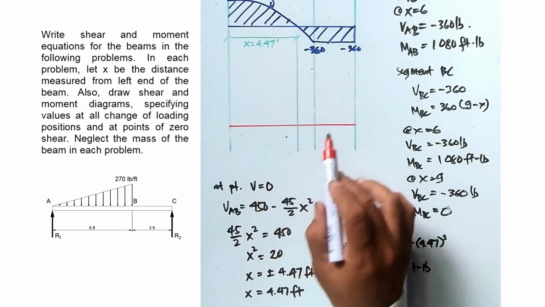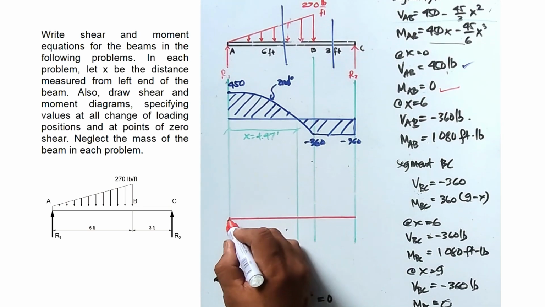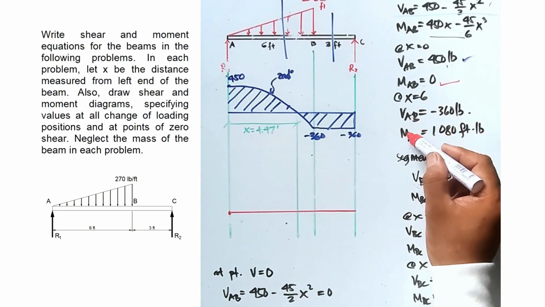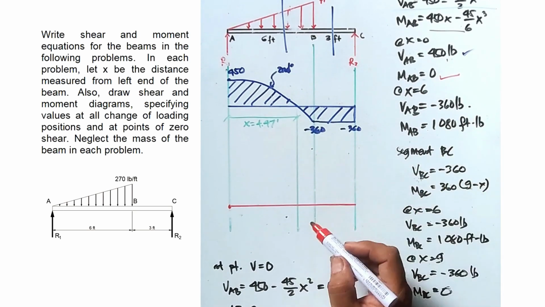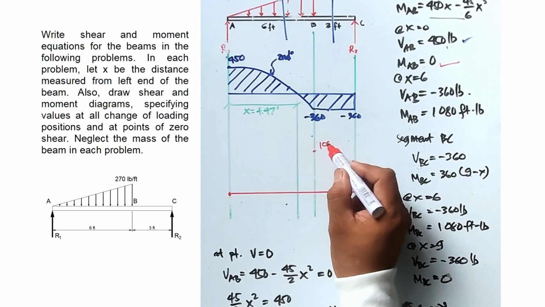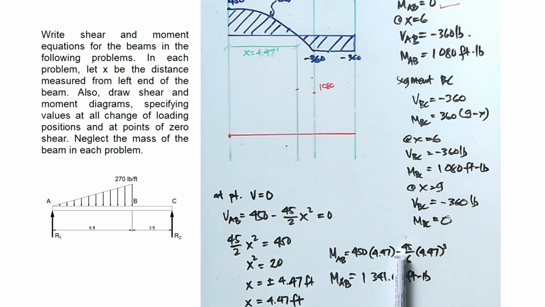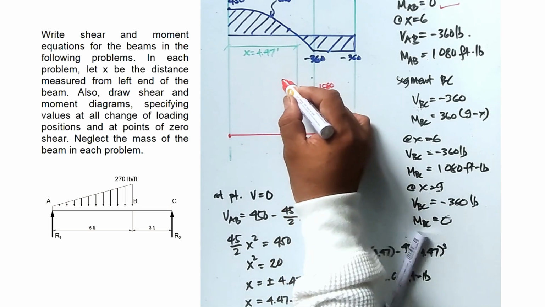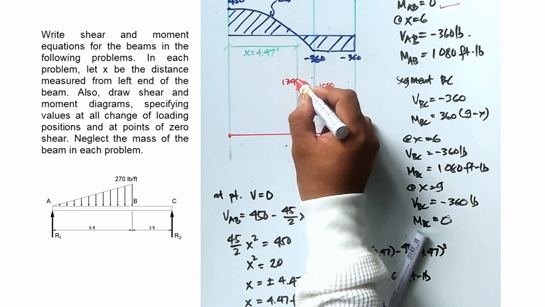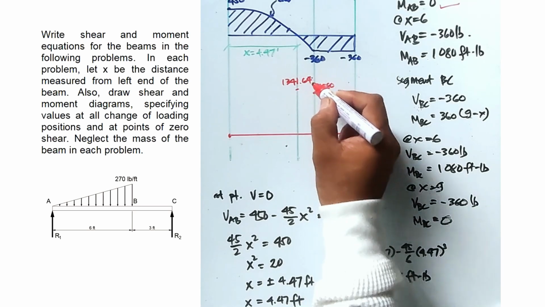Okay, so let's draw the moment diagram. At x equals 0, moment is 0. At x equals 6, moment is 1,080, this one here. But at the point of 0 shear, we have at x equals 4.47, that's 1,341.64.